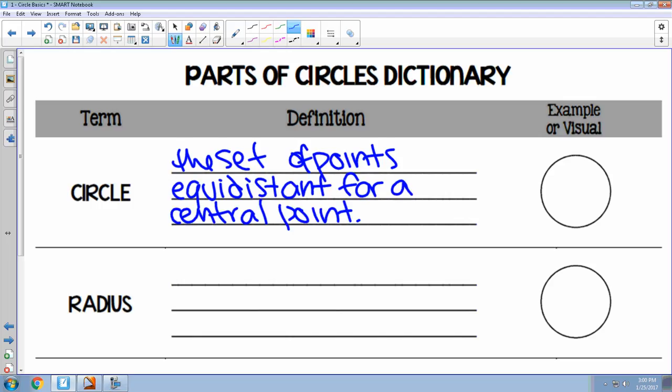We do call that central point your center. So for example, here in your picture, we will always label that center. So for example, this could be P, right here at the middle of my circle. We also name it based on the central point. So this would be circle P, because of that central point.